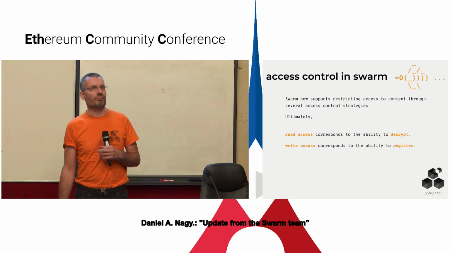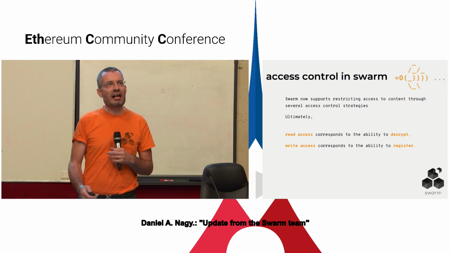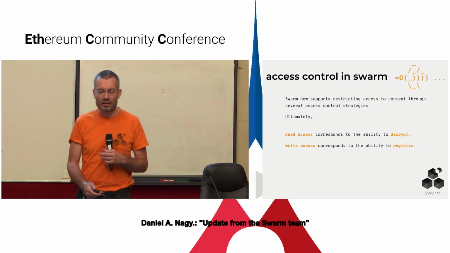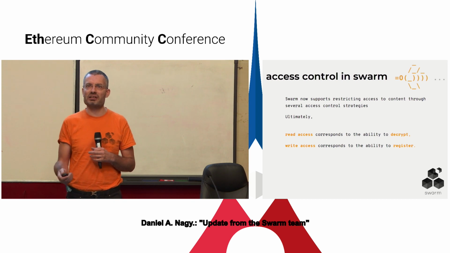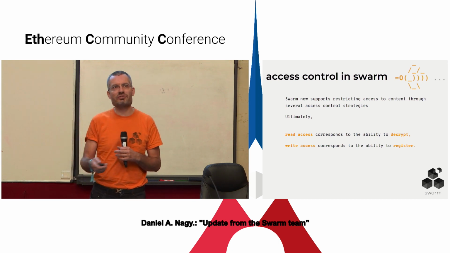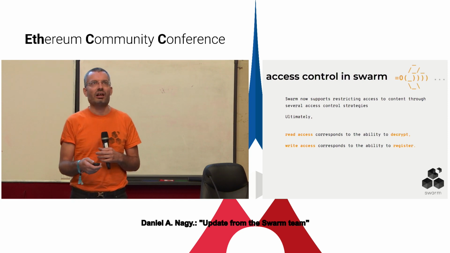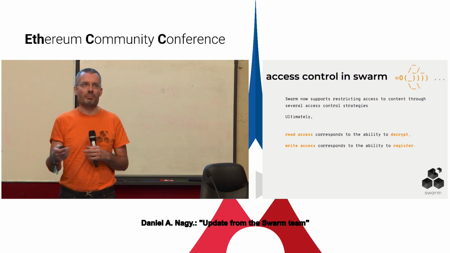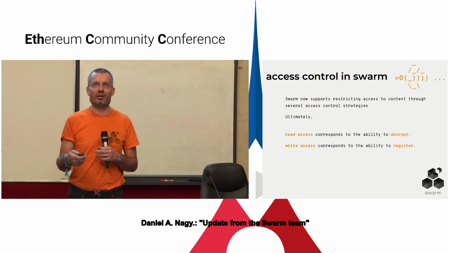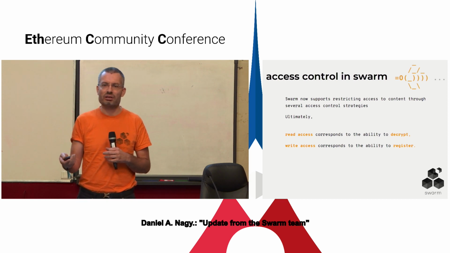Access control. Read access means that those who have read access have the ability to decrypt. This is very different from centralized systems where read access basically meant the ability to retrieve, because the gatekeepers would not give you the content unless you had read permission.